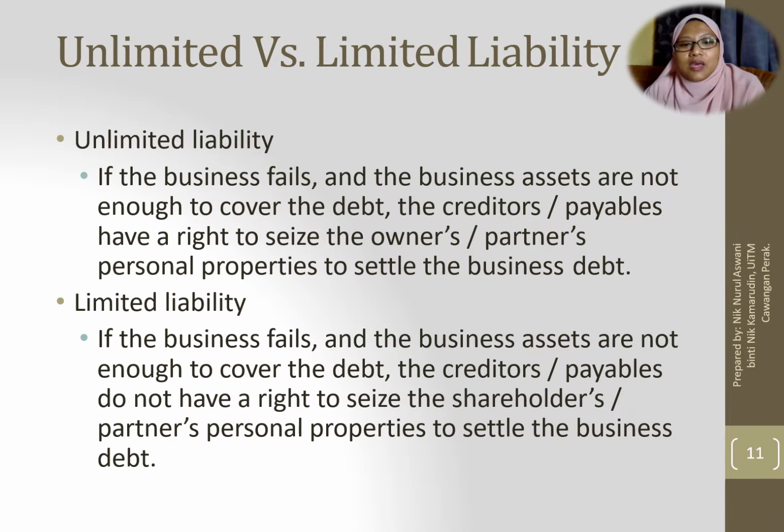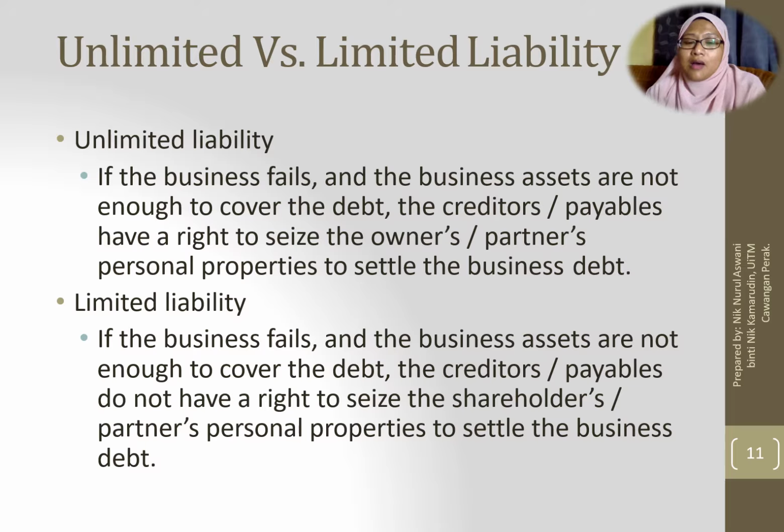Unlimited liability means that if the business fails to pay the debt, and the business assets are not enough to cover the debt after they sold everything, the creditors or the payables have the right to seize the owners' or partners' personal properties to settle the business debt.